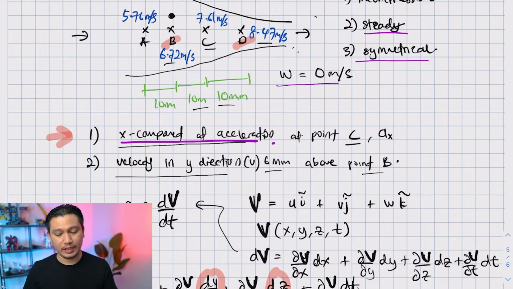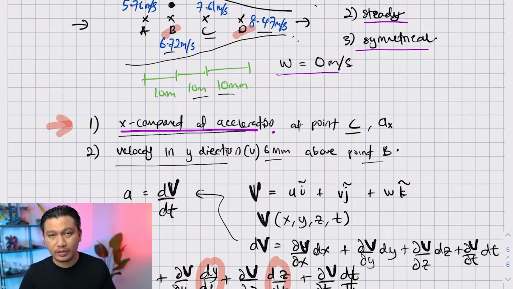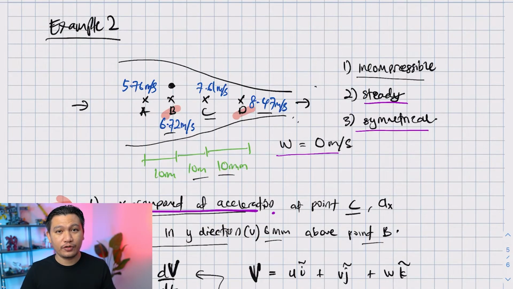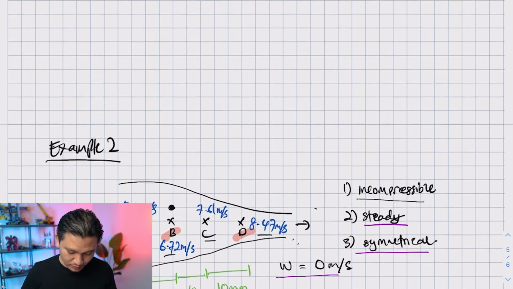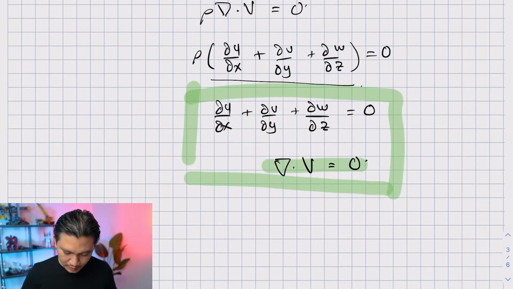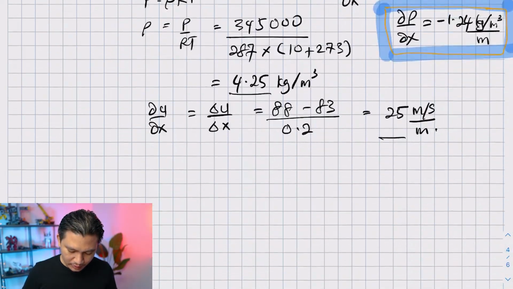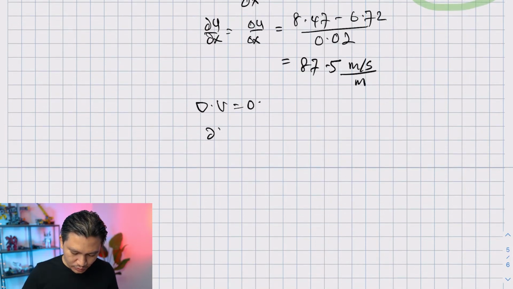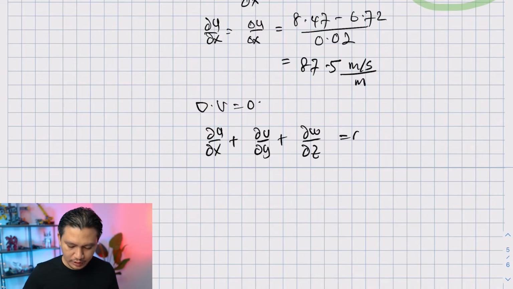Now let's take a look at question B, which is the velocity in the x direction 6 millimeters above point B. I believe to solve this, we are going to need the continuity equation. Because our flow is incompressible, the equation for continuity is very simple: del dot V equals 0, which means ∂u/∂x plus ∂v/∂y plus ∂w/∂z equals 0.